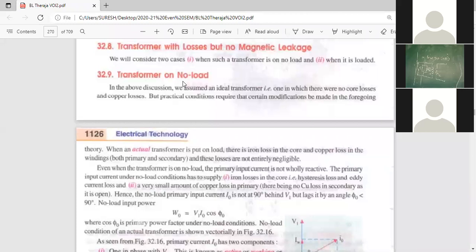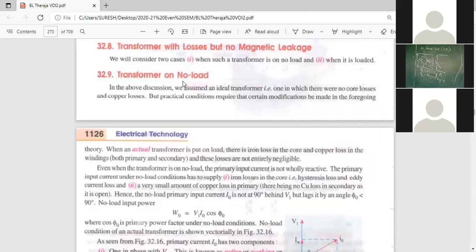Write down: RE is the exciting resistance. XM is the magnetizing reactance.